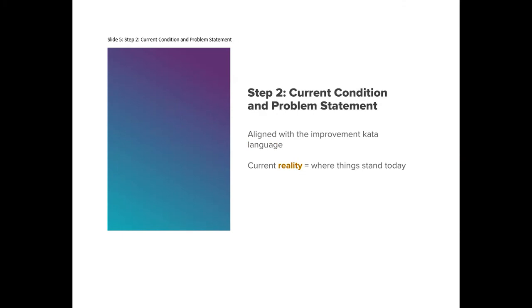Step 2 is understanding the current condition. What is the current condition, the market condition and the product condition, and creating a problem statement. Note that the use of current condition is also aligned with the improvement kata language. As already discussed in the improvement kata, if the current condition is not in a good phase, then we have to improve, and it will take some time, as discussed in the previous lecture about the time span and life cycle.